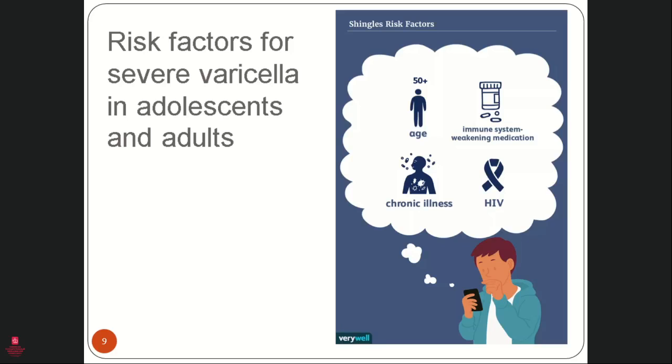Malignancy: all children with cancer have an increased risk for severe varicella. The risk is highest for children with leukemia. Pregnancy: pregnant women have high risk of severe varicella, especially pneumonia.